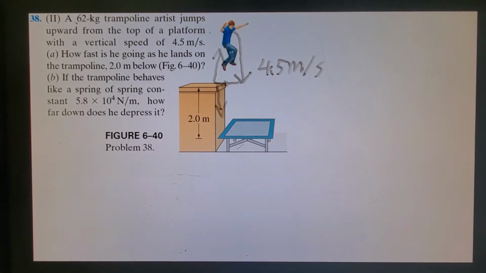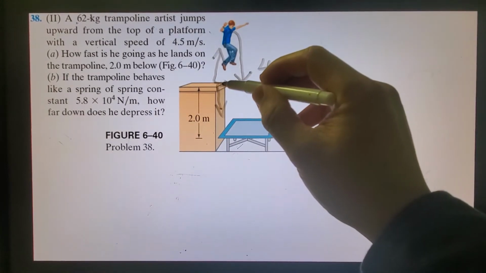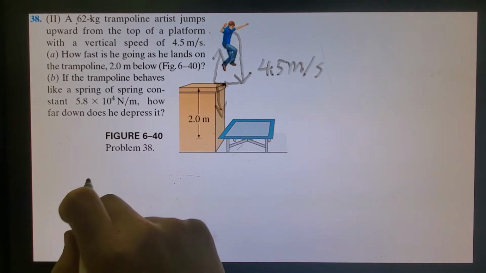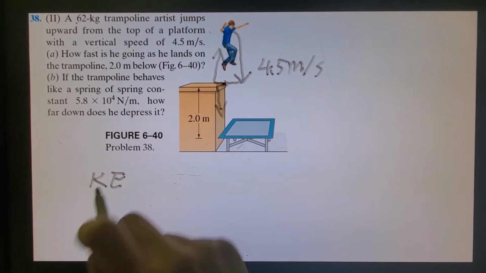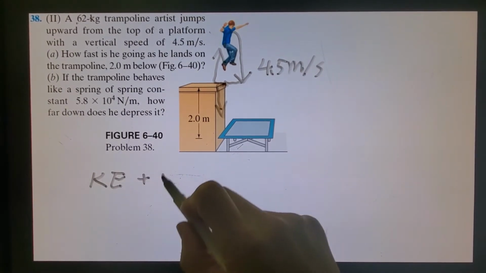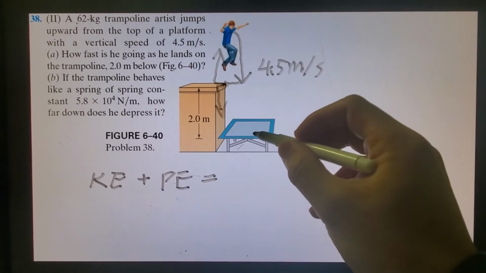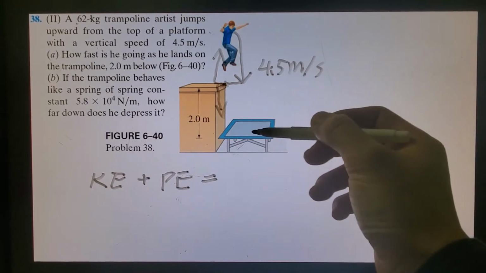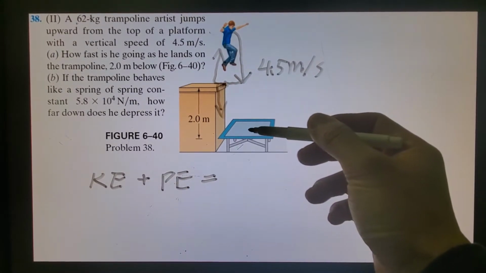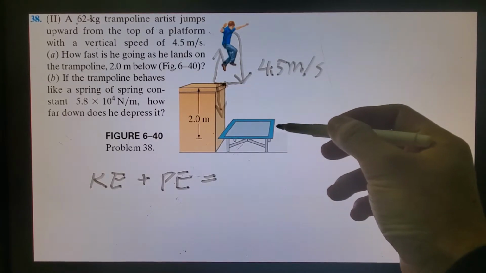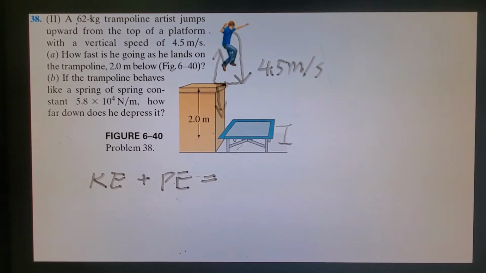All right, so over here, the moment that he just jumped down, he has both kinetic energy and potential energy. Once he jumps down, does he stop right away? Probably not. Probably he goes a little bit down into it.